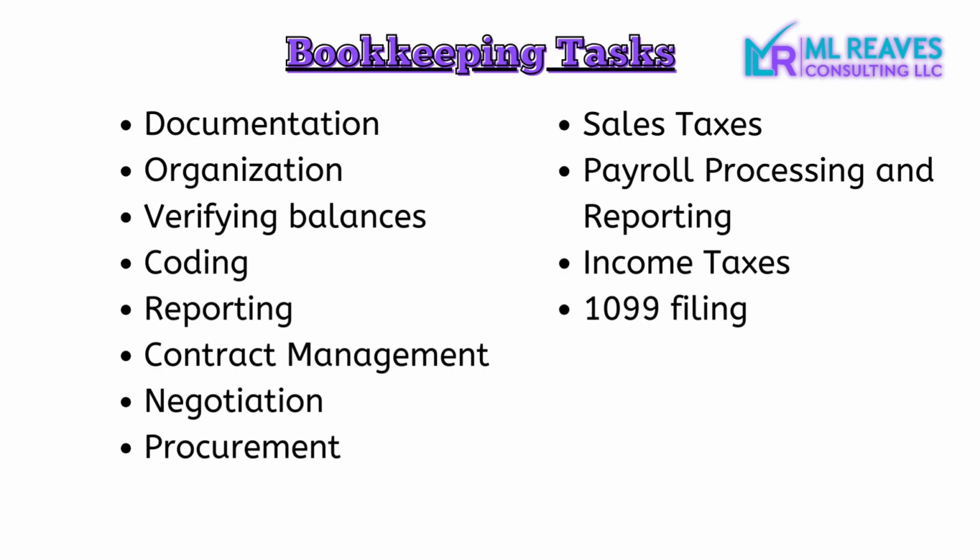Verifying balances. This would include reconciling your bank statements or credit account statements with your accounting records to ensure that the balances agree, and then identifying any discrepancies that need to be investigated and correcting those discrepancies. Coding. A bookkeeper could assign an appropriate account code or category to each transaction based on the nature of the transaction.